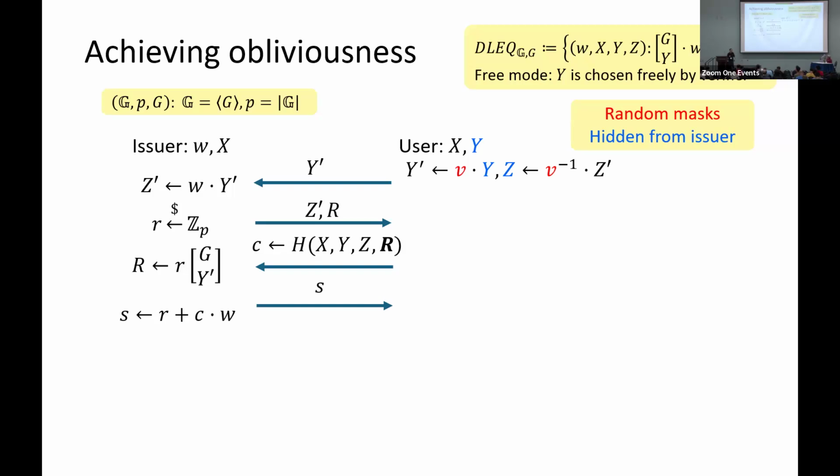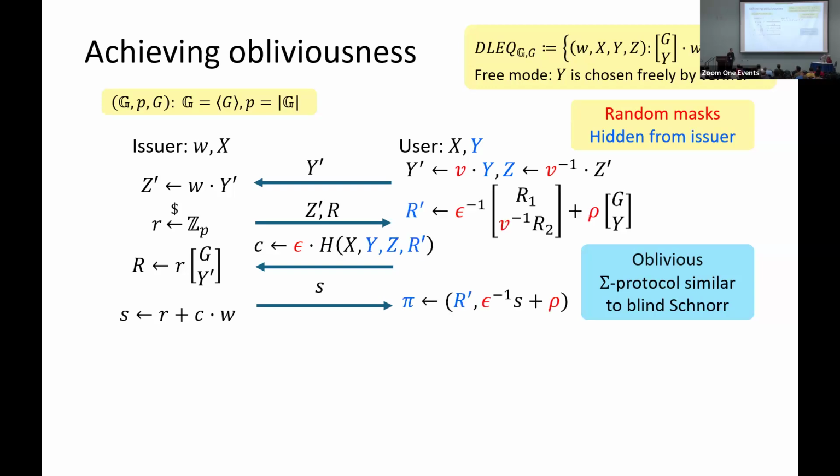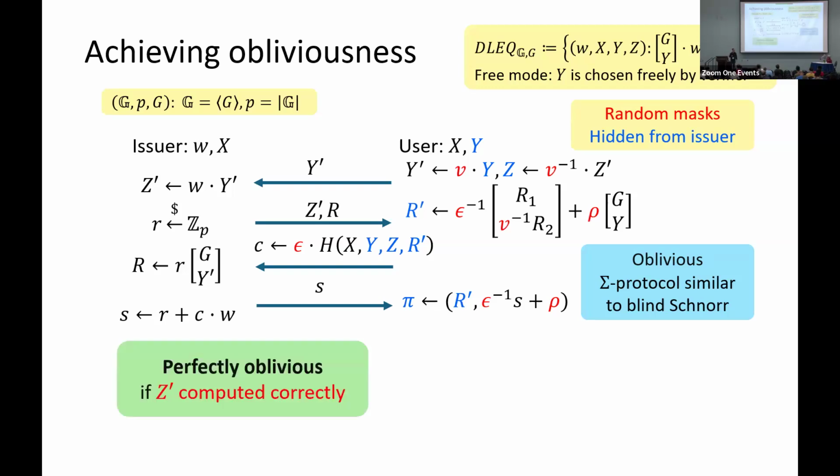Here the red denotes the random mask, and the blue denotes the elements that are hidden from the issuer. To make the sigma protocol oblivious, we use an approach similar to blind Schnorr. I will not delve into details here, but we can show that it satisfies perfect obliviousness if the Z prime is computed correctly.